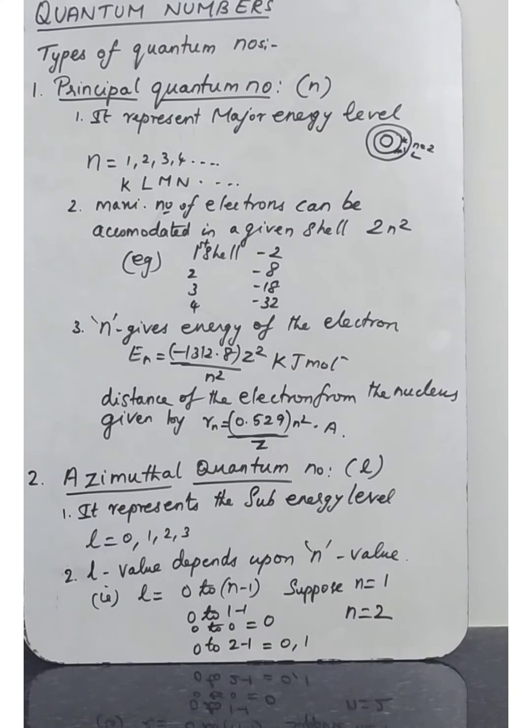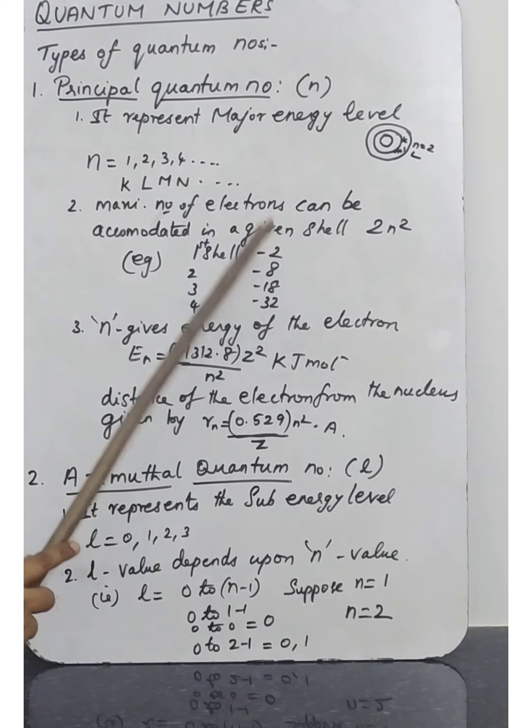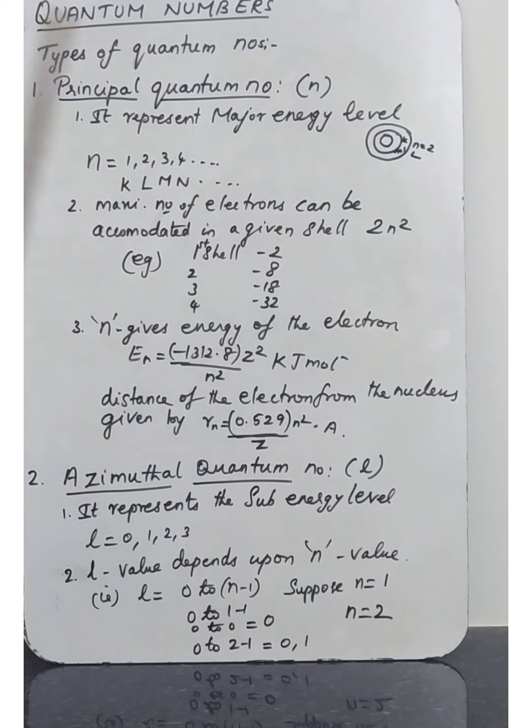So the first shell can accommodate only 2 electrons. If n is equal to 2, 2 into 2 squared, 2 into 4, 8 electrons. Like that, the third shell 18 electrons, the fourth shell 32 electrons.